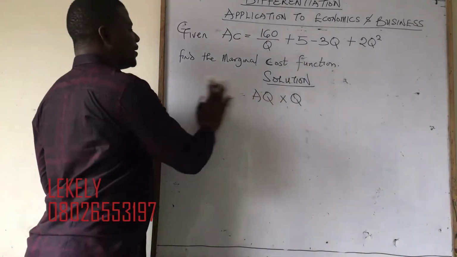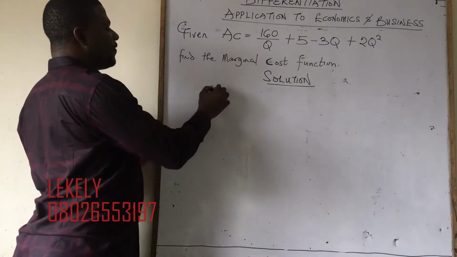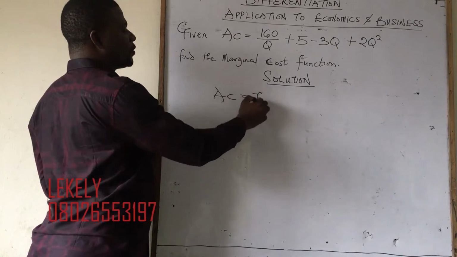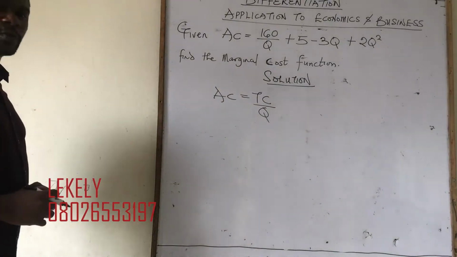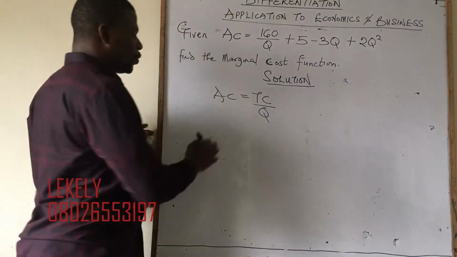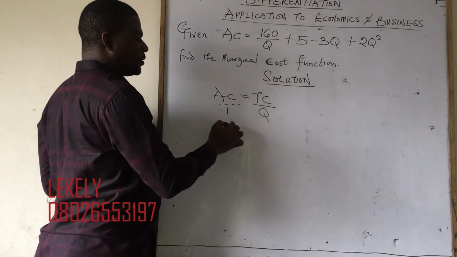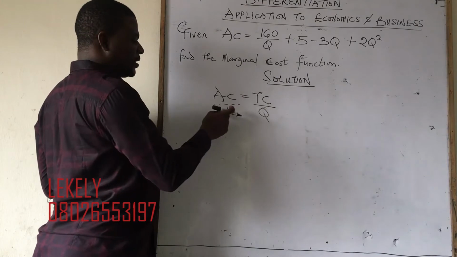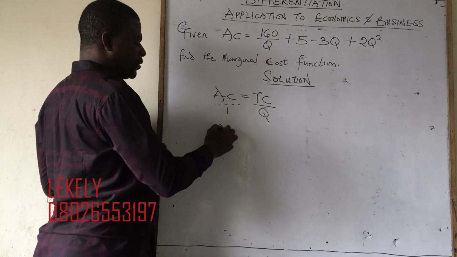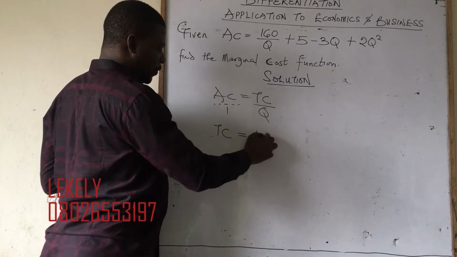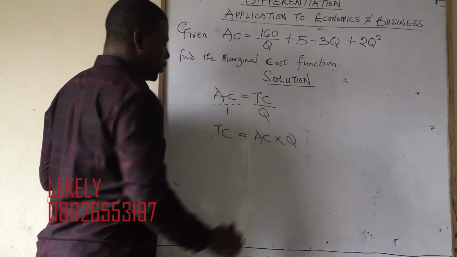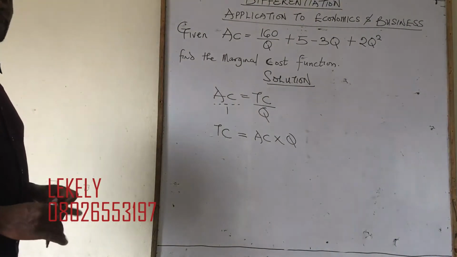Don't forget that your average cost is always total cost divided by Q. So if you multiply by Q, TC equals average cost times Q. So your total cost is average cost times Q.